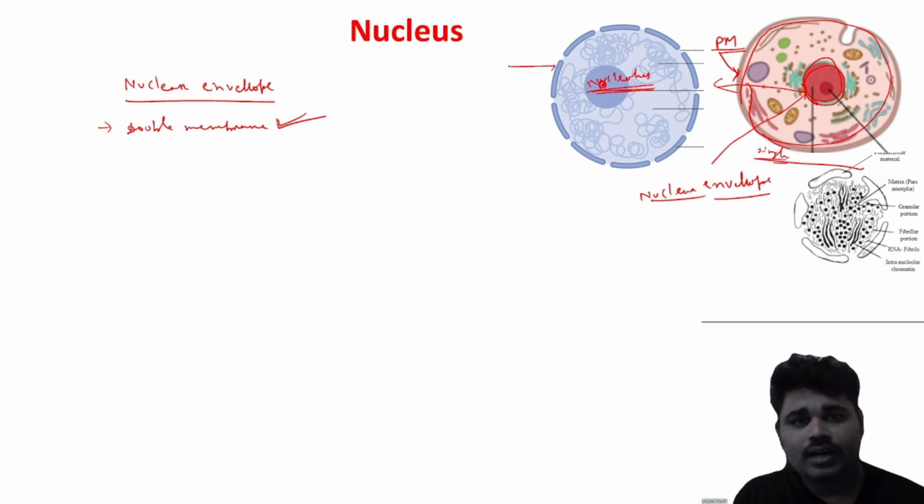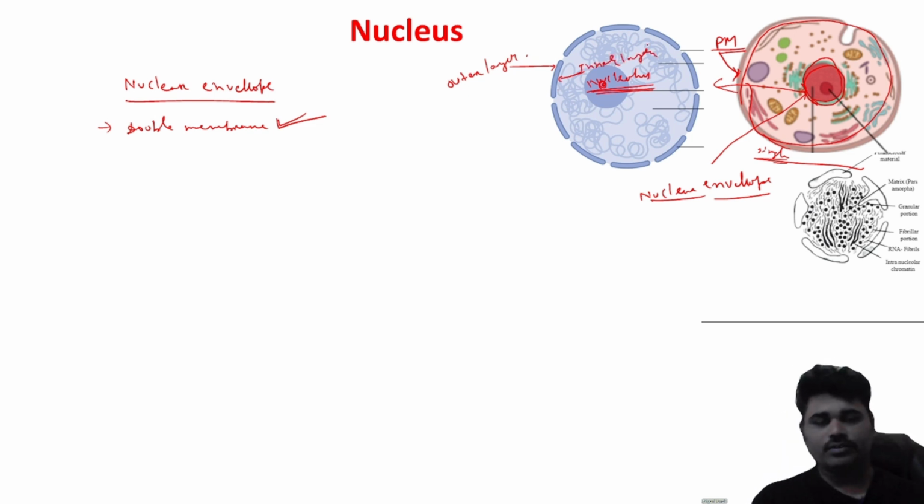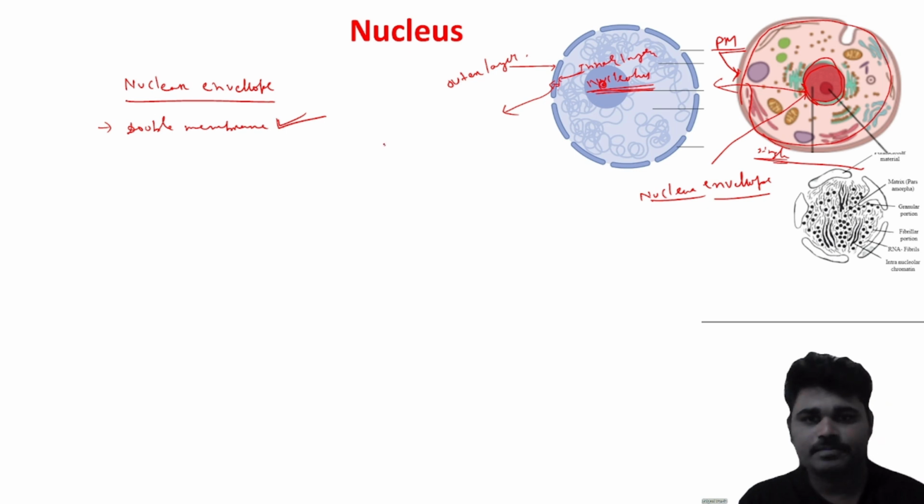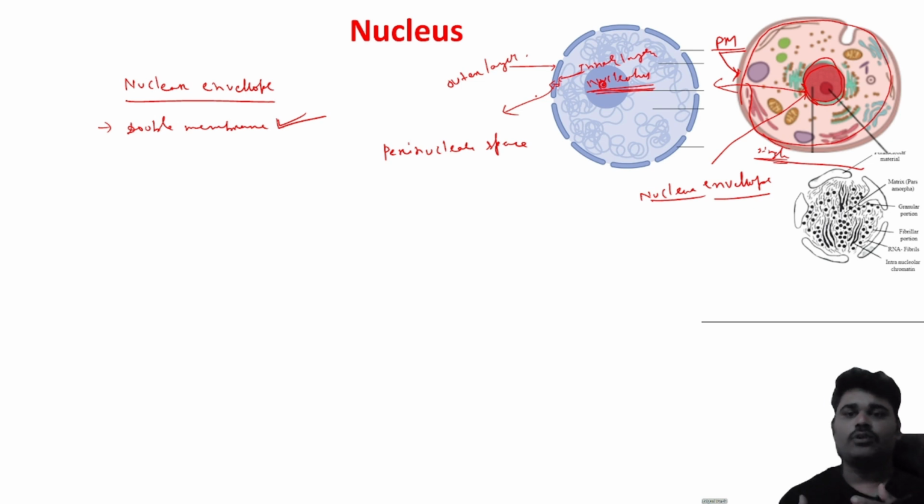Look at this structure. This is called the outer layer. And the inside one is called the inner layer of the nuclear envelope. The space between the outer membrane and the inner membrane is called the perinuclear space, which is the space between the inner layer and the outer layer.